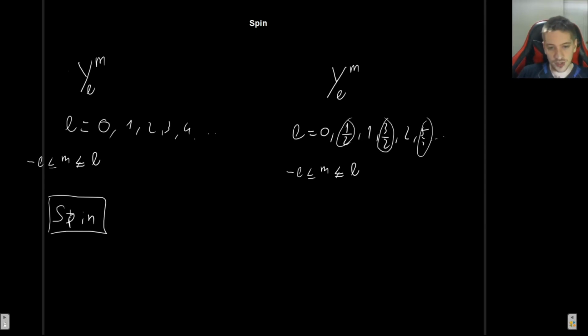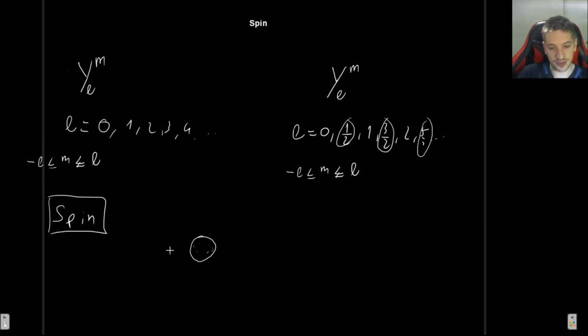Just a quick intuition about spin: the usual analogy is to imagine that you have an electron, which is some sort of ball, and it is rotating, and it is that rotation of the electron that causes this spin.